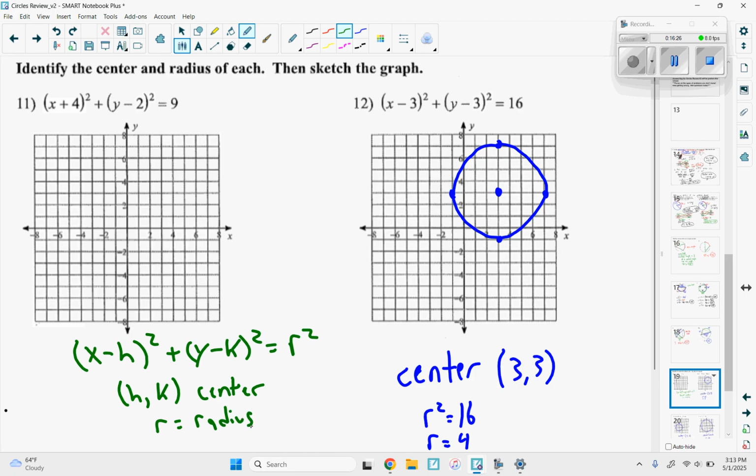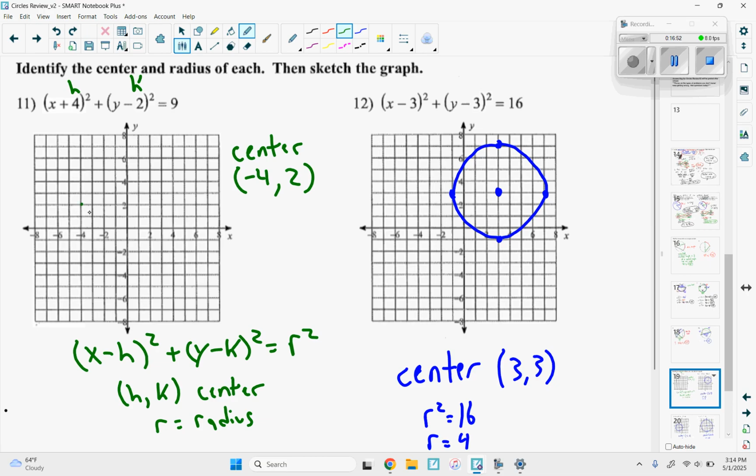So the first thing that we want to do is find our center of the circle. And so the center of this circle, here this says x plus 4, so h is negative 4, the opposite. And y minus 2, k is going to be just 2. That's my center. I'm going to go ahead and find negative 4, 2.